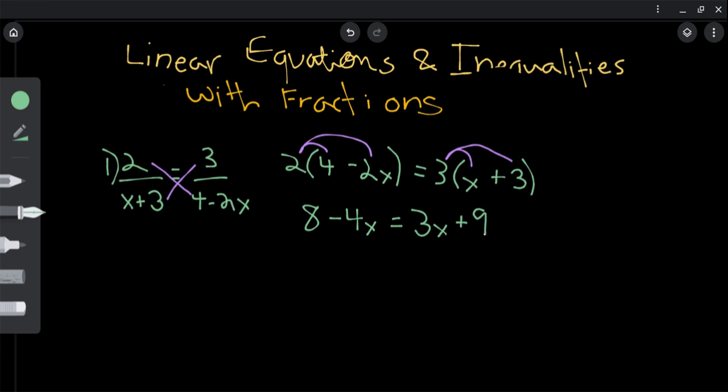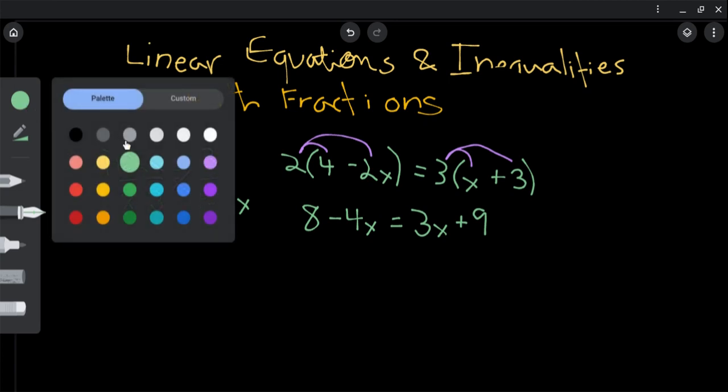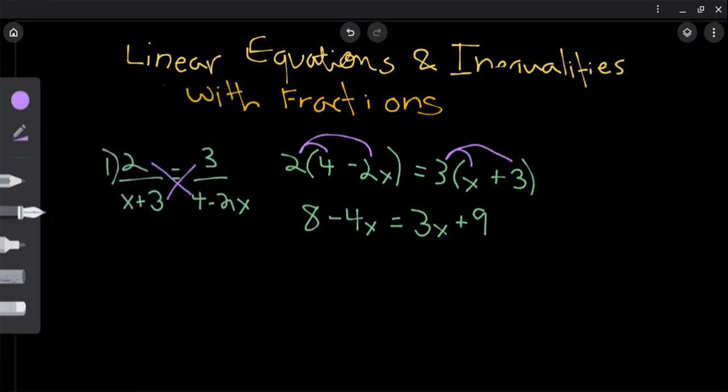Okay. Now, the next thing we're going to do is take a guess. Correct. We are going to collect like terms. So, 8 and 9 are like terms. 4x and 3x are like terms. So, we're going to make sure they're on the same side of the equal sign.